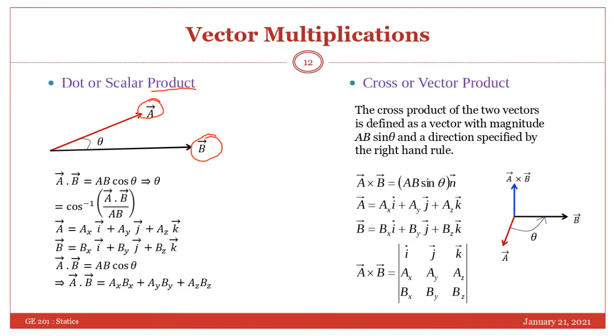From here, you can write cosine theta equals vector A dot vector B divided by A into B. So theta will be cos inverse of vector A dot vector B divided by A into B. This is how we have defined vector A dot vector B.